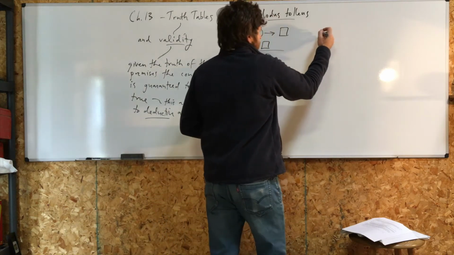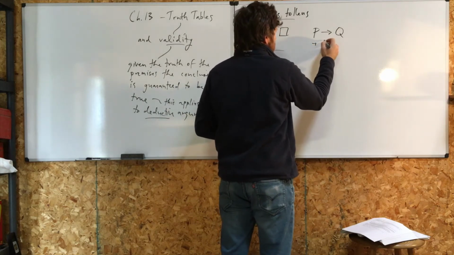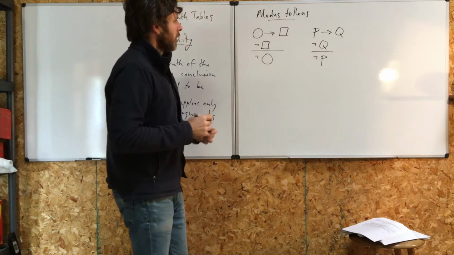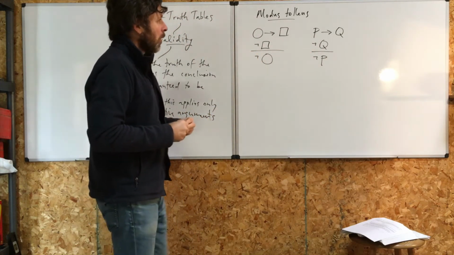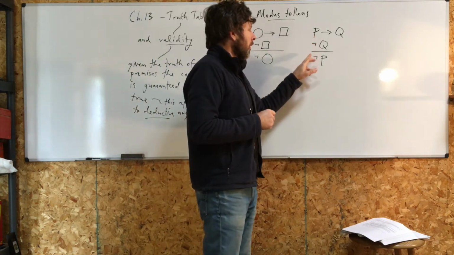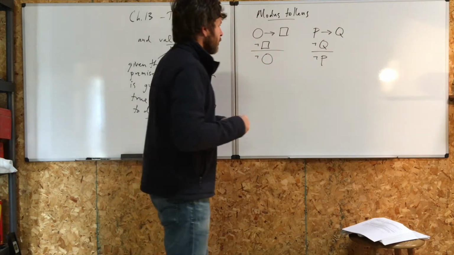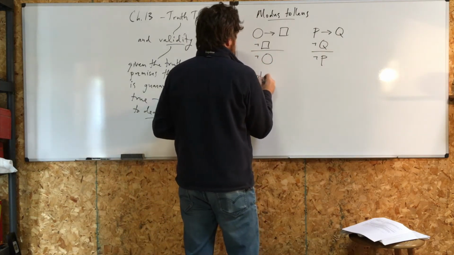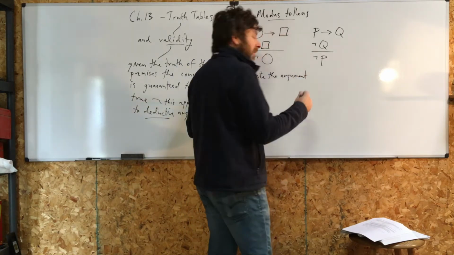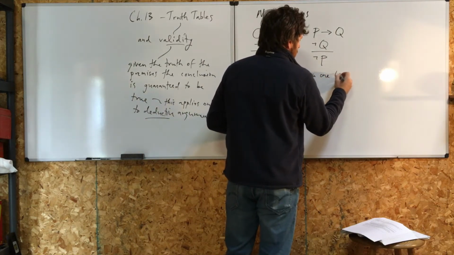We're going to use statement letters because that's what we've been using in truth tables. But that expresses the same form. Now what we're going to do in a truth table is to write up the argument to be tested in one line.